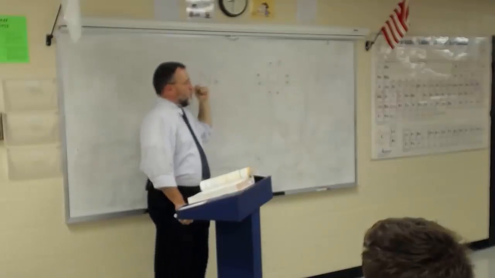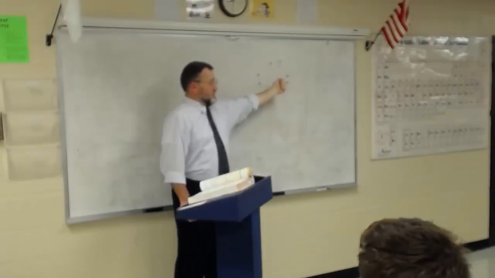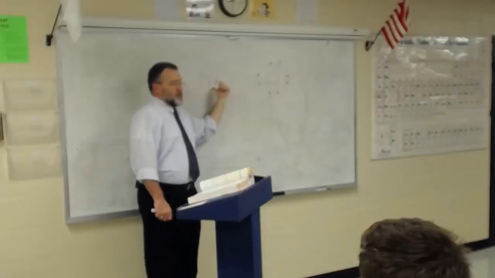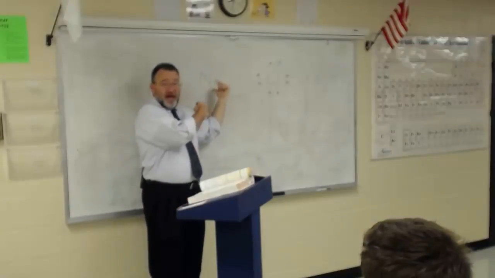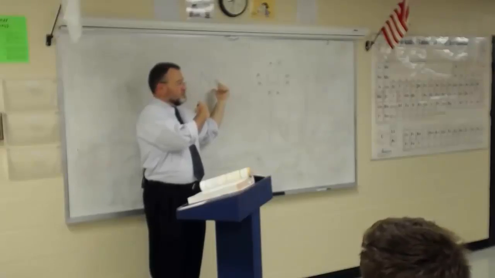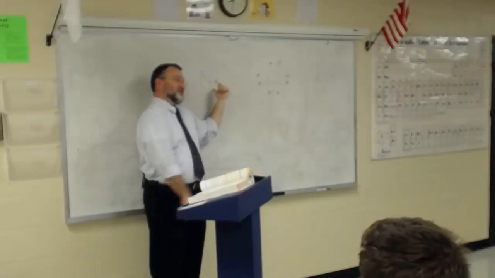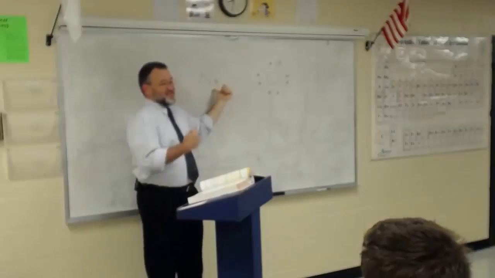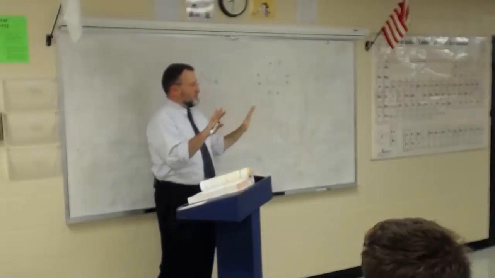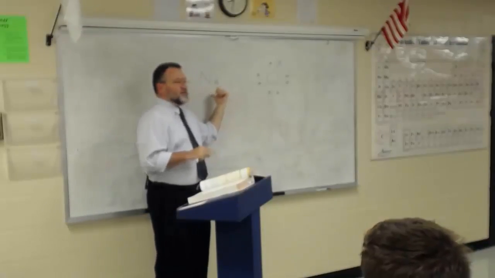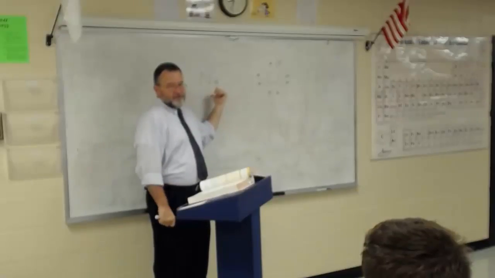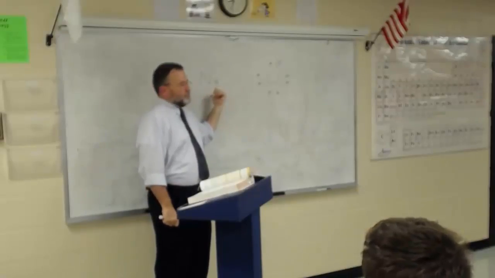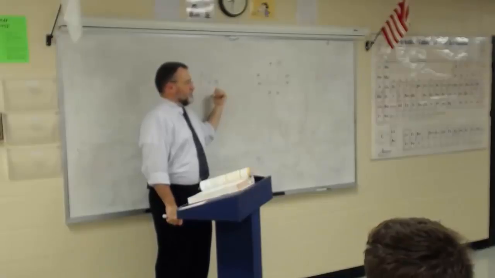Now, sodium has given up an electron. It has 1 less negative than it had before. How many protons does this sodium atom have now? How many protons? Has to have 11 or it's not sodium, right? It still has 11. You're not messing with protons. So this has 11 protons. How many electrons does it have? 10.